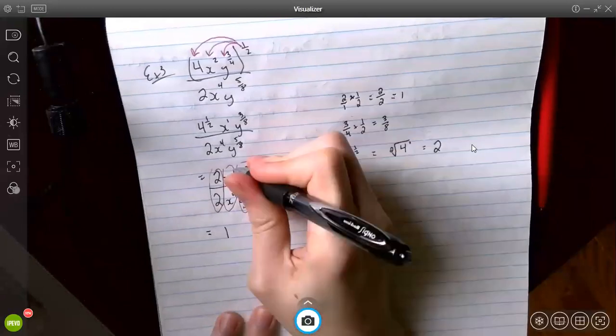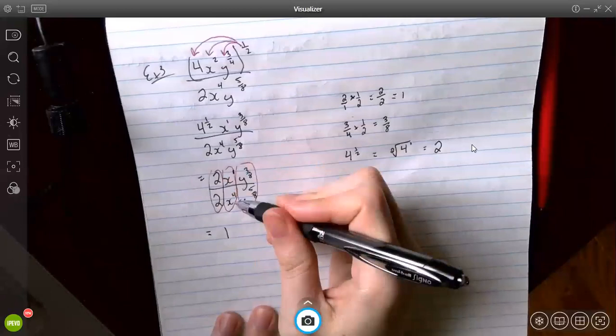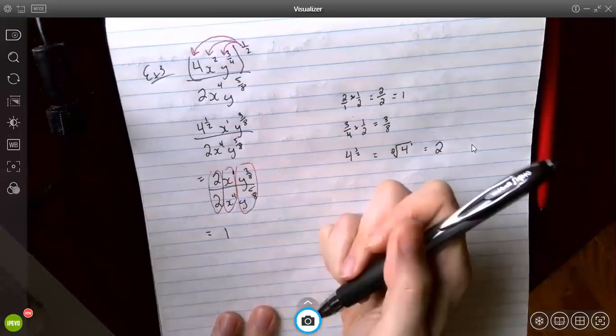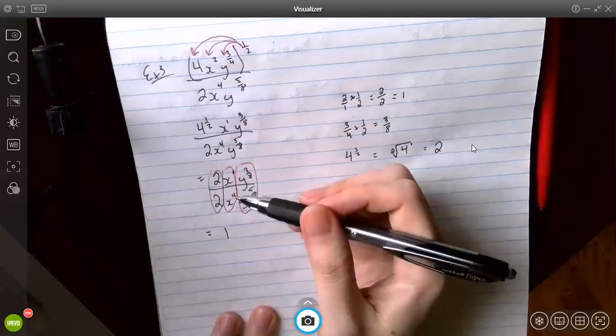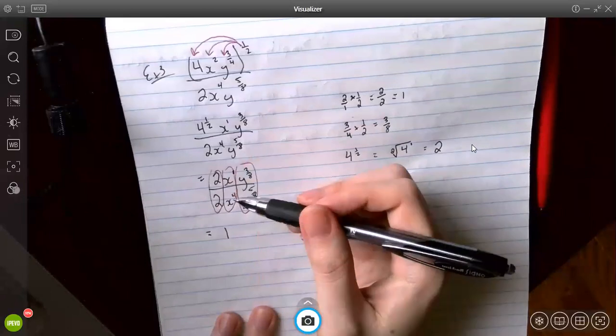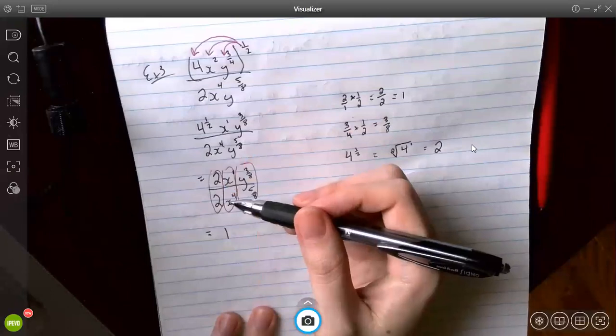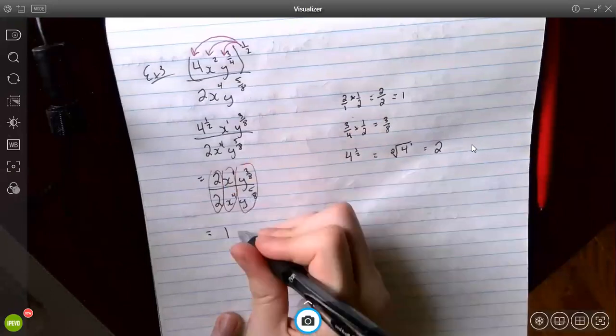X to the power of 1 divided by x to the power of 4. When we're dividing, we subtract our exponents. So that leaves me with x to the power of -3.